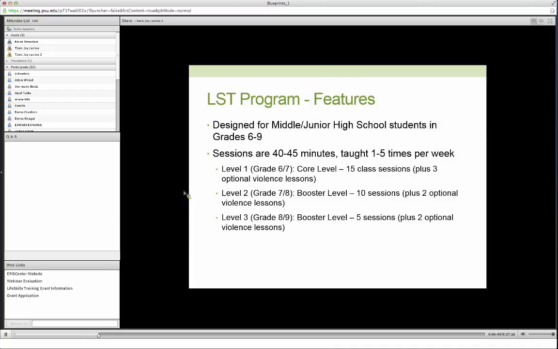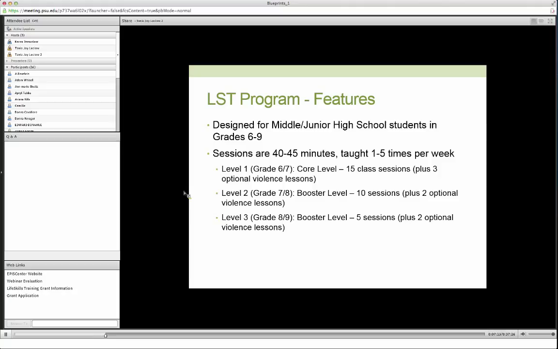Just to reiterate, this is a program that would be implemented in the middle school or junior high school over a 3-year period, beginning in either 6th or 7th grade and running for 3 years. The sessions are typically 40 to 45 minutes in length. The program can be taught 1 to 5 times per week. Typically, through our work here at the EPISCenter, we have supported folks implementing life skills training with PCCD funds, and oftentimes those lessons are delivered in health class.